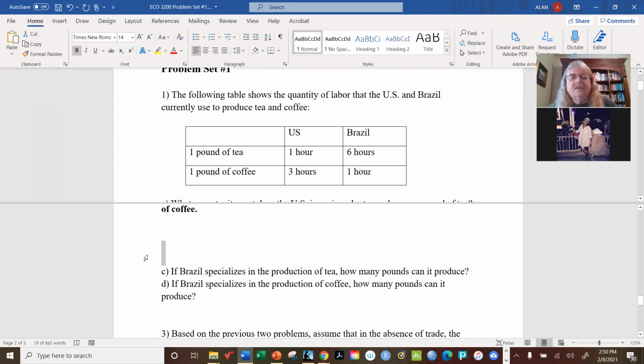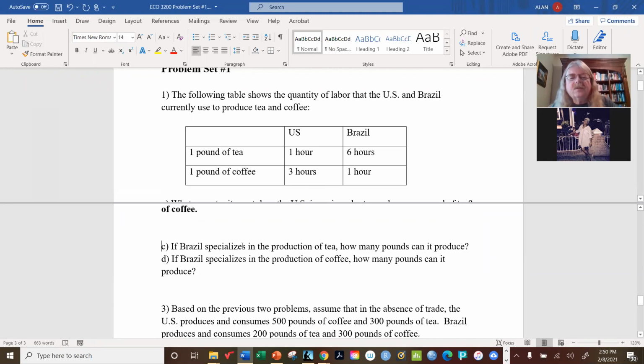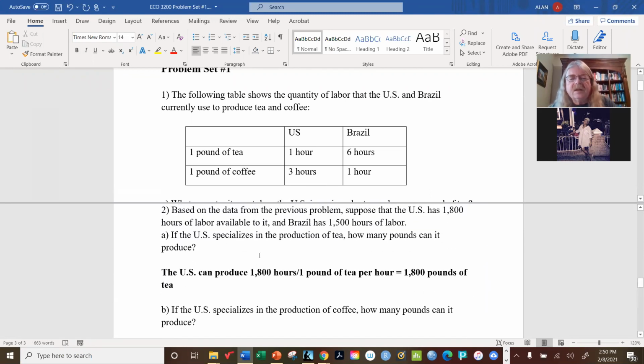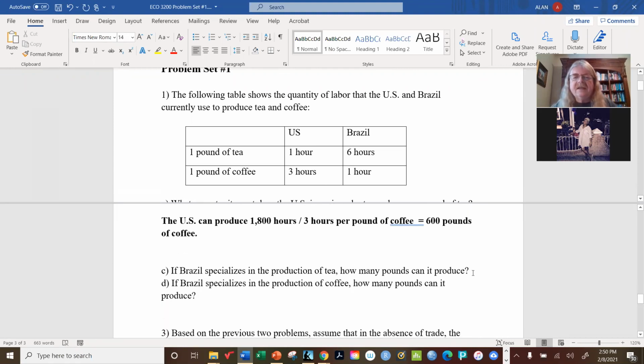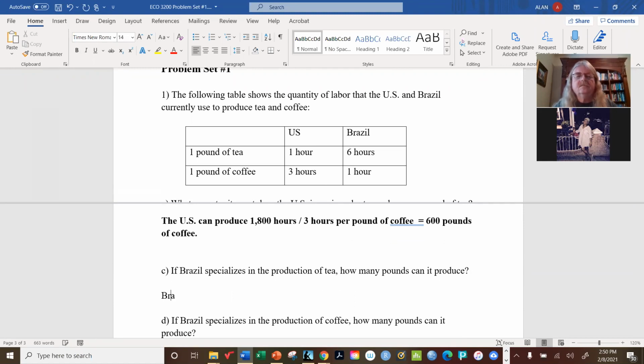On the other hand, look at Brazil. Now, remember, we were told that Brazil has only 1,500 hours of labor. So what can they do with it? If they make tea, 1,500 hours divided by 6 hours per pound of tea, which means they can only make 250 pounds of tea if they put all their resources into it.